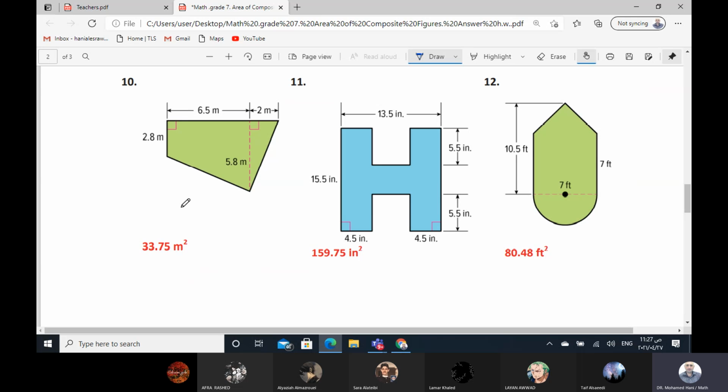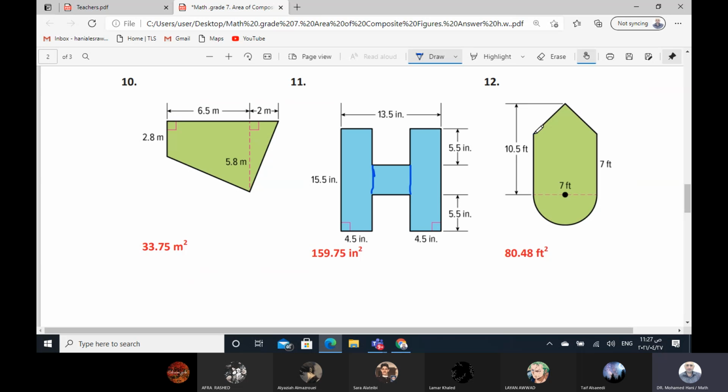Here the same idea. Here we can draw this line and this line. So here we have rectangle, rectangle, rectangle. Find the area here and the area here and the area here. You will find the area of the composite.